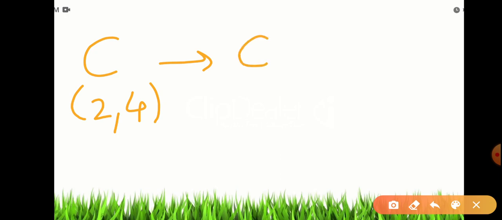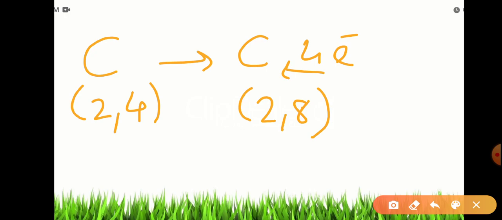Either carbon will accept 4 electrons from different atoms and form its new valency, that is 2 plus 4 plus 4 equals 8. So carbon's octet is complete. Let me draw it like this. Carbon has 6 electrons, that is 2 and 4.